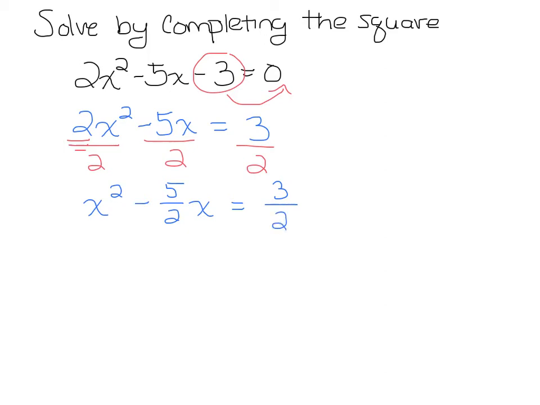Now the next step is take the middle term, or the coefficient of the x term, divide it by 2. This is the same thing as multiplying by 1/2.